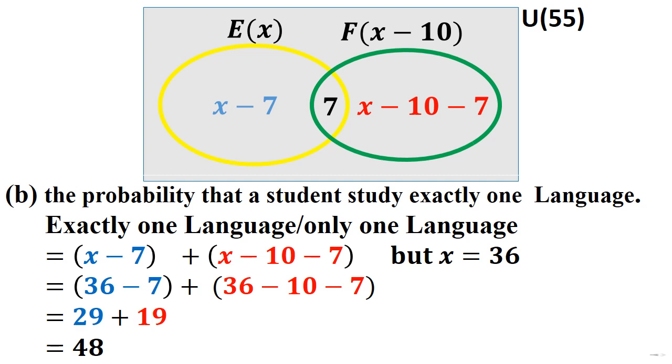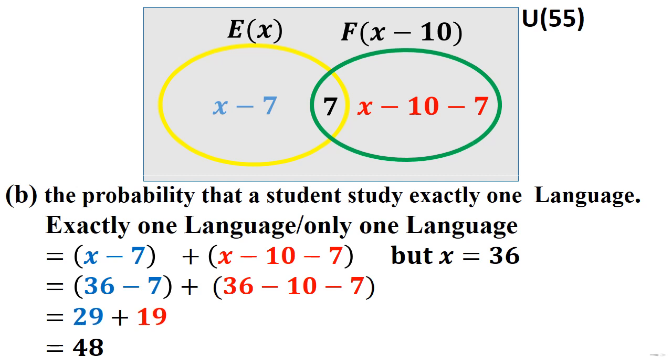B. The probability that a student studies exactly one language. So to find the probability that a student studies exactly one language, we have to first find the number of students who study exactly one language, which is the same as only one language.